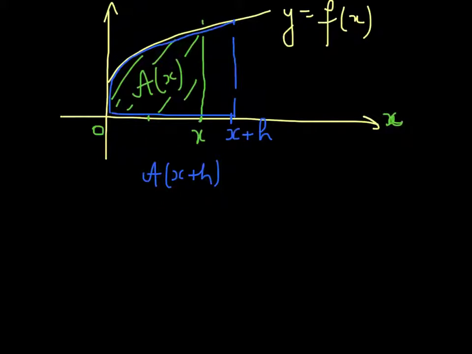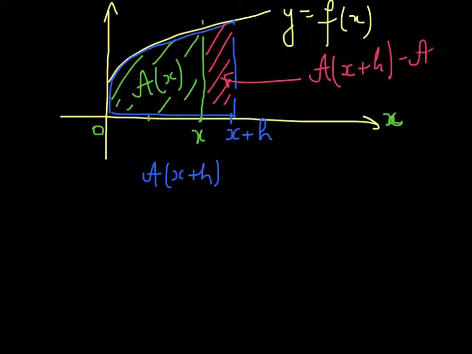The difference between the two areas will be this region here. So the red region is going to be, of course, A of x plus h minus A of x. I am looking for a relationship between the area and the rule of y equals f of x.